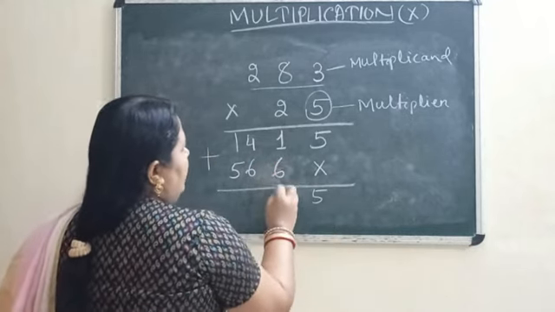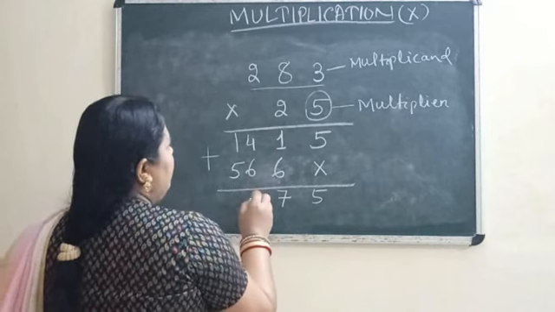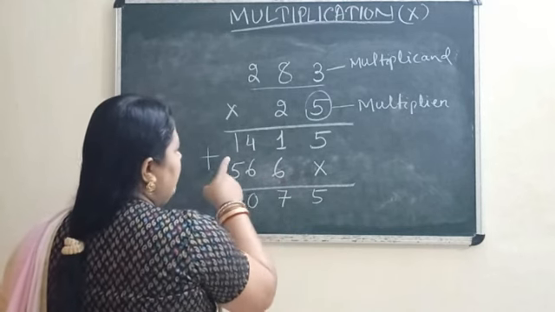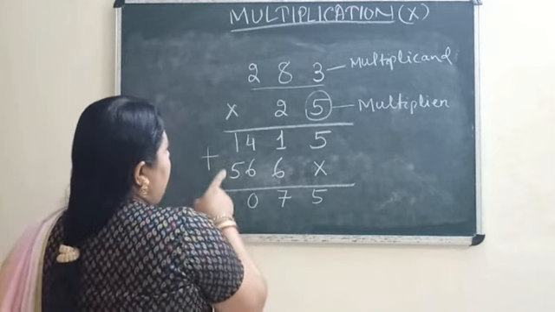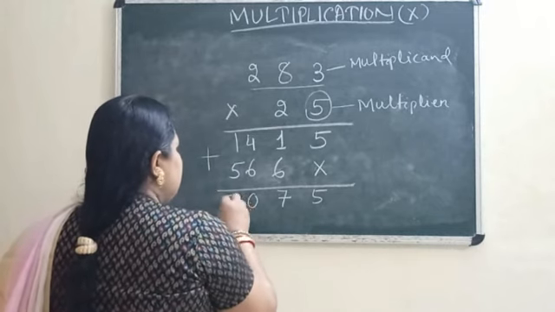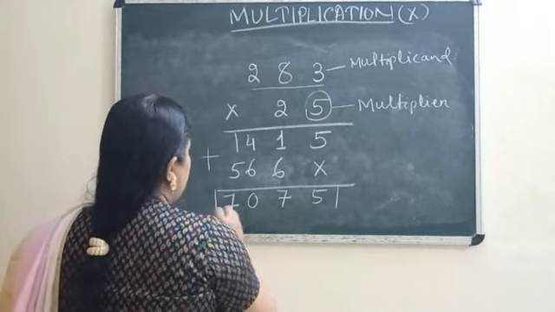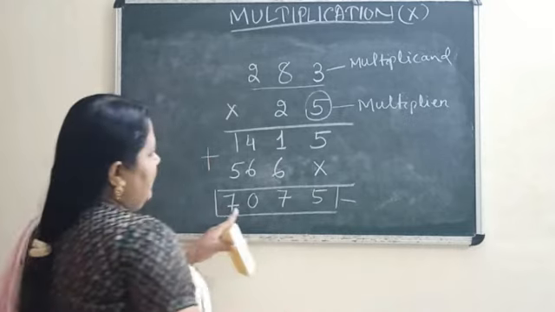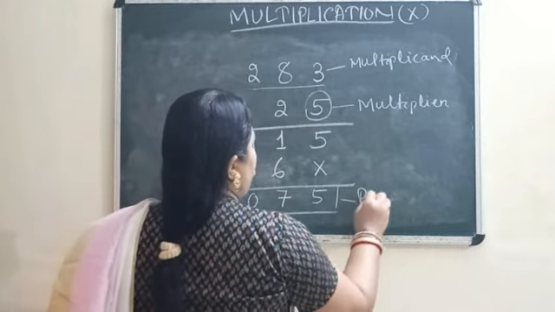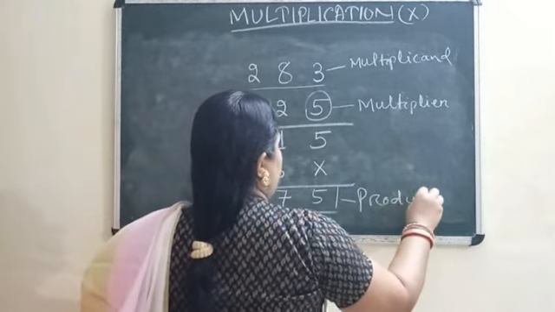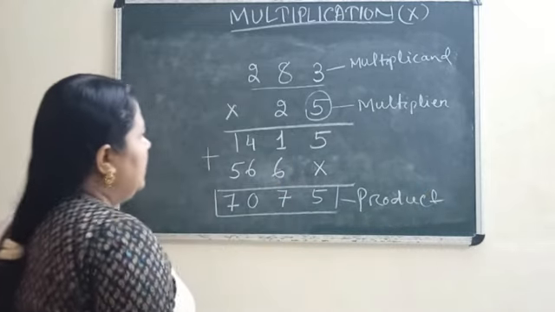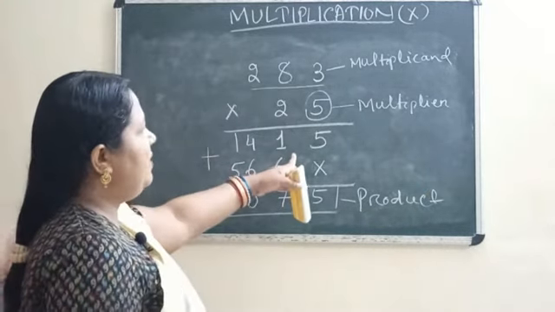Then 6 plus 1 is 7, 6 plus 4 is 10, again you will carry forward 1 to here, 5 plus 1 is 6, plus 1 is 7. So the product you got is 7075. It's called your product. Clear? So this is one method.